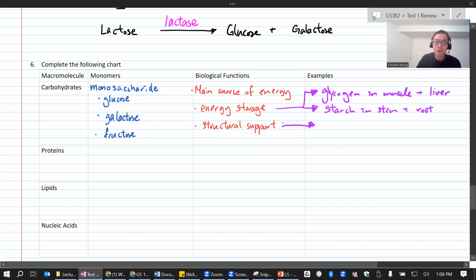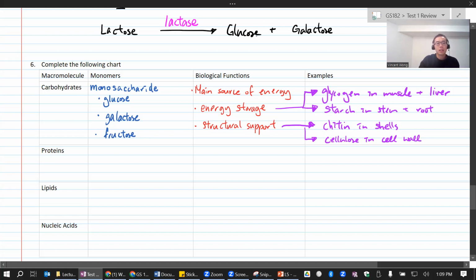Okay, great. Structural support. For structural support, we have things like chitin, right? Chitin in shells, like lobsters, crabs, insects. And then the other one is cellulose, which is in the cell wall, right?